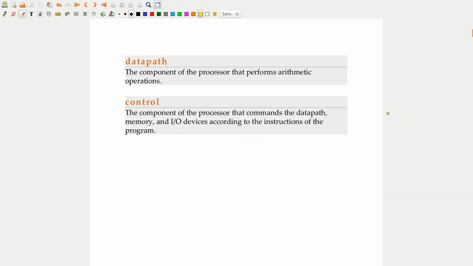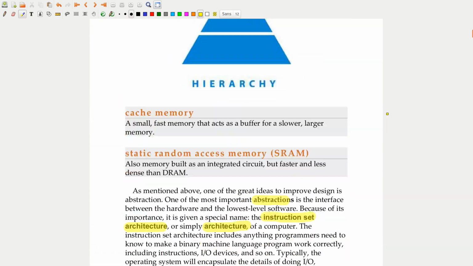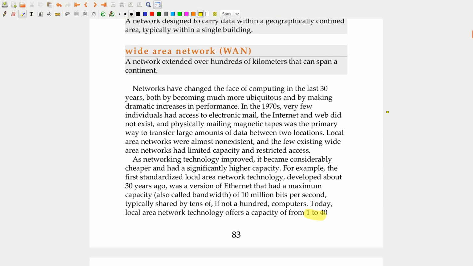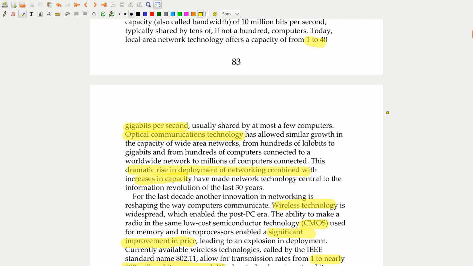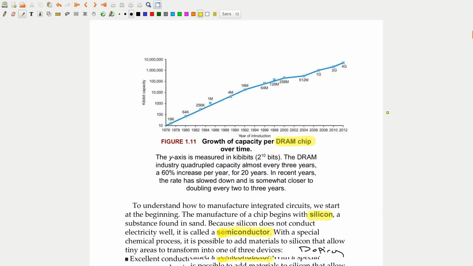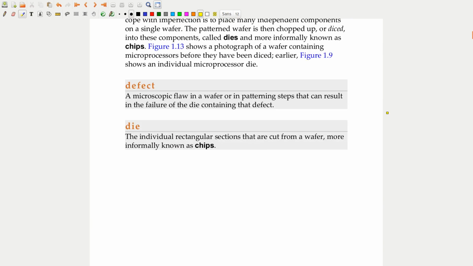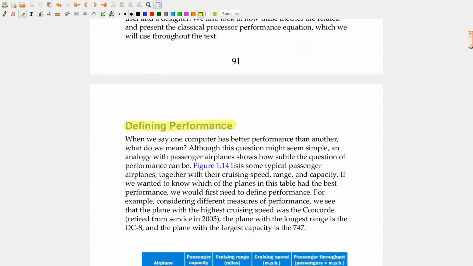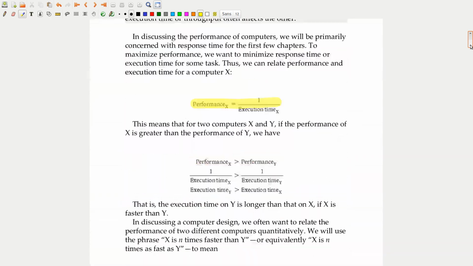Fallacies and pitfalls is from John Hennessy and David Patterson, the authors of this book. One of their famous things is they basically coined the term in the architecture community for this idea of fallacies and pitfalls. It's their bread and butter.